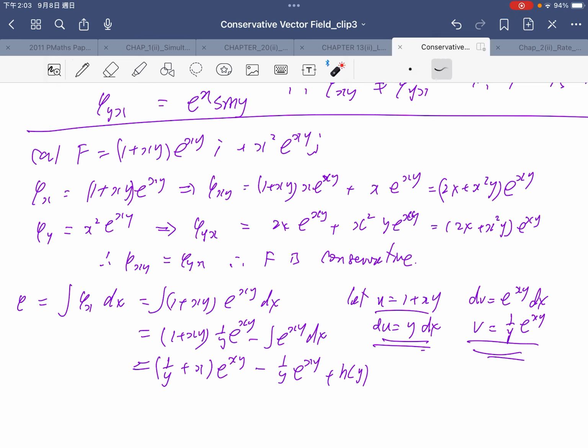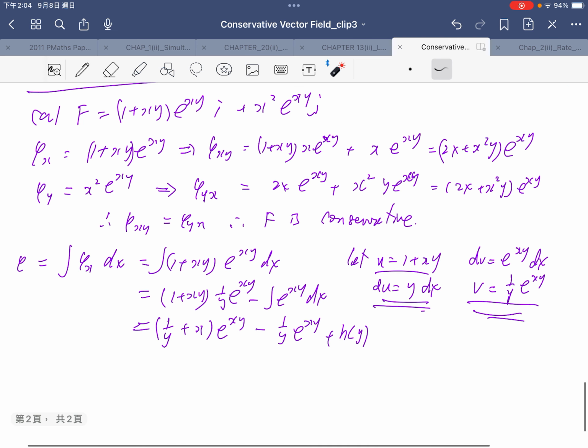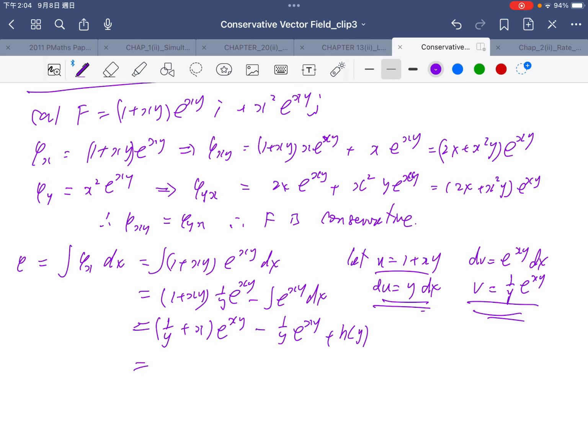Please be careful. The constant term is not constant, but relative to x it is constant. Therefore, the constant term should be a function of y, h(y). Sometimes we have to adjust this h. We have to pay attention to this one. Okay. Finally, cancel these two terms.